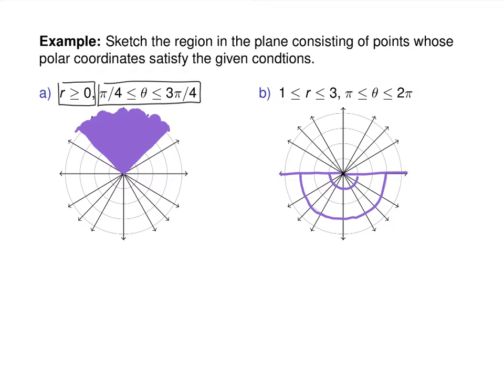And we want all of the points in between, inclusive of the ends. So that's the part we're looking at. And all the lines on the edges are solid because we have or equal to signs on the inequalities. Had those had less thans or greater thans without the or equal to, then you would need a dotted line on the boundary. But there's all the points that are a distance of between 1 and 3 from the origin, and an angle between pi and 2 pi from the polar axis.